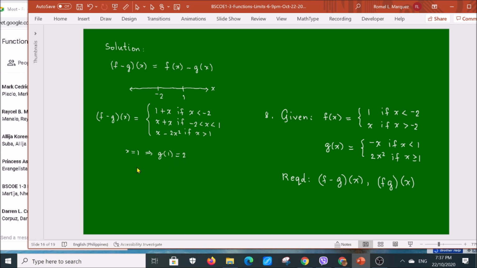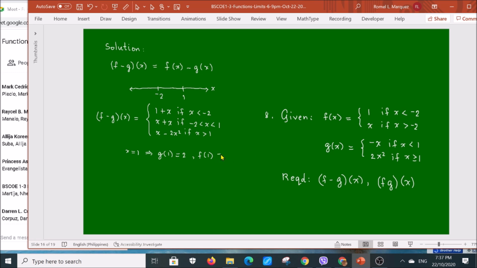So what about f of 1? When x is equal to 1, where is that? It is greater than negative 2, so I plug it in here, in x.